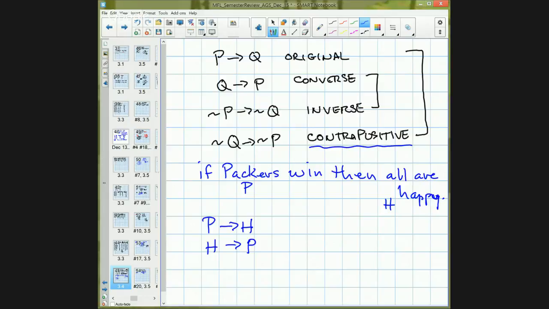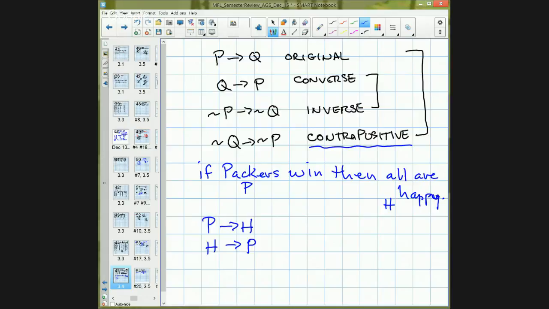You might be happy because, say, the government just gave you back $3,000 or something. It doesn't necessarily mean the Packers won. You follow me? That's why the converse is not the equivalent of the original. That doesn't mean it's automatically false. It means it's not the same as the original.